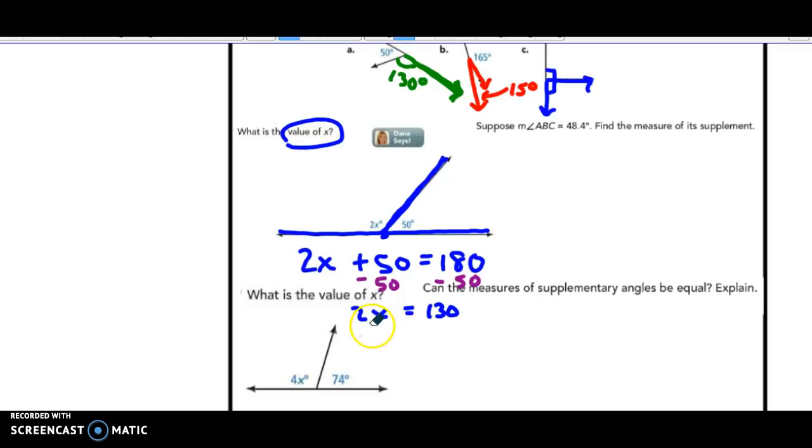Now to get x by itself, I'm going to divide by 2. Whatever I do to one side, I have to do to the other. So that leaves me with x over here, and 130 divided by 2 gives me 65.